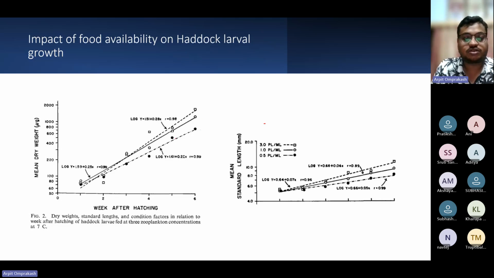And we see that as the concentration of plankton increases, the mean dry weight of these fishes, which is basically the weight of the fishes, also increases, and the length of these fishes increases as more planktons are available. So if you have less food resource, it's affecting the population. If you have more food resource, it's beneficially affecting the population: you see an increase in the population size, and also an increase in the length and weight of the individuals.